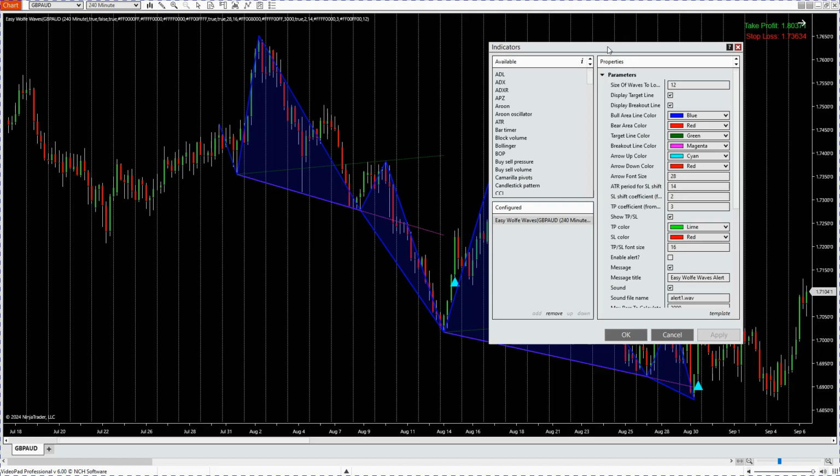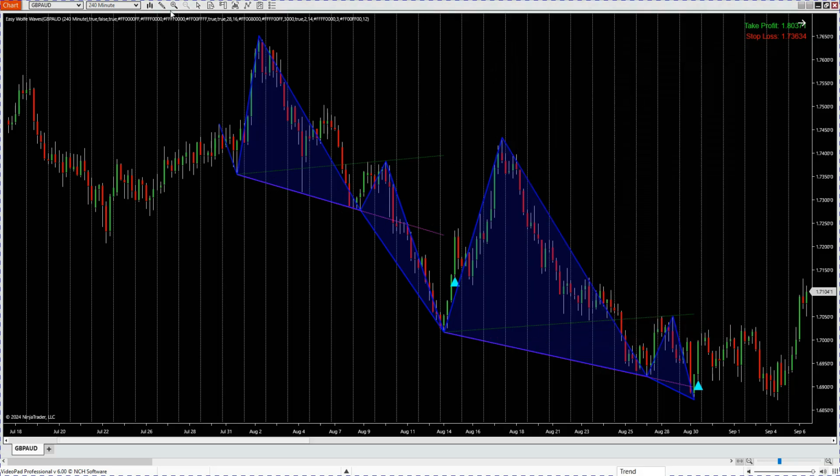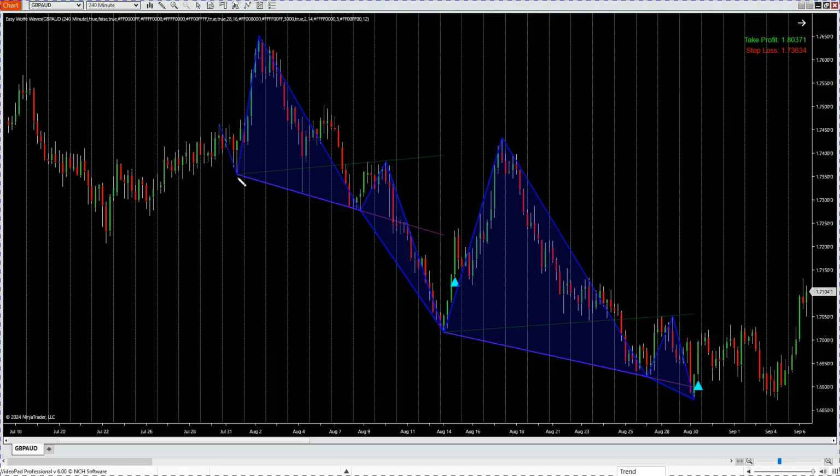Okay, so if we look at those lines, and we start with the breakout line, this one here. First let me draw a line there and extend that from the point of origin here.